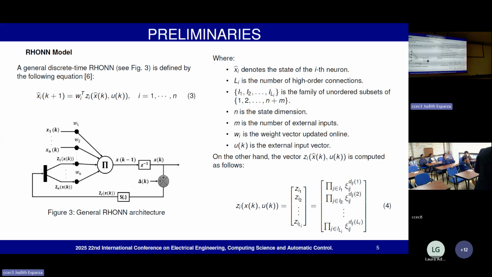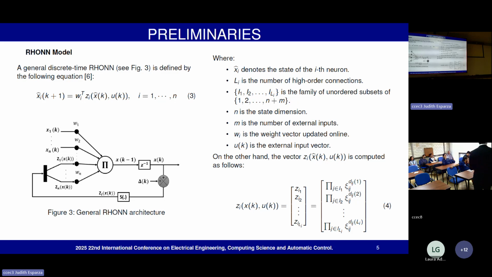Then we have the recurrent high order neural network model. This type of neural network is mainly used to model nonlinear systems, but as I said before, we use it to directly compute the control signal.